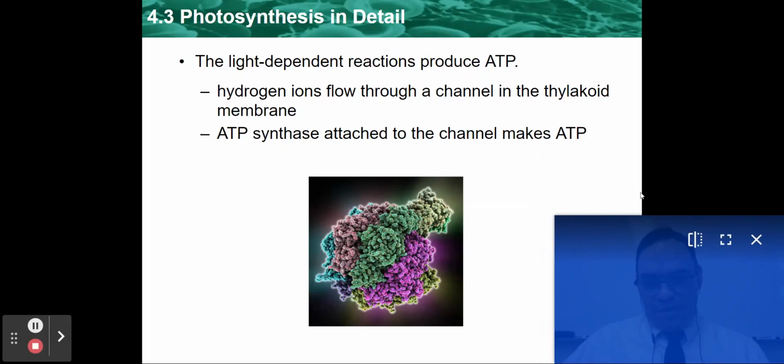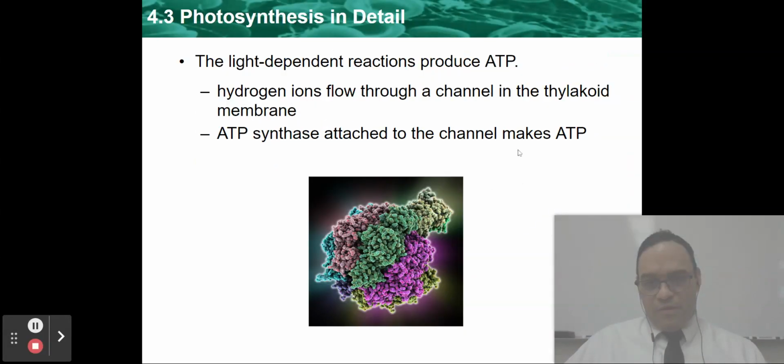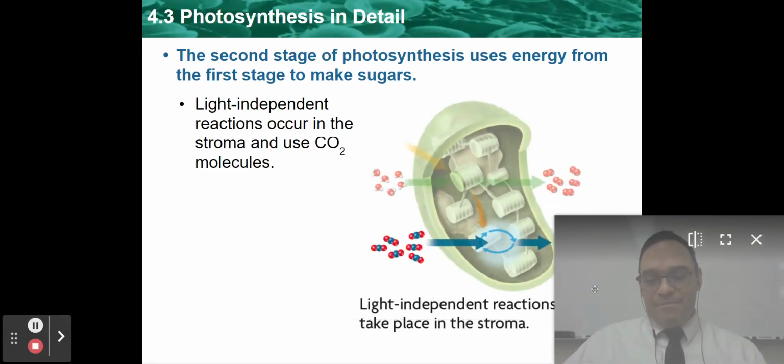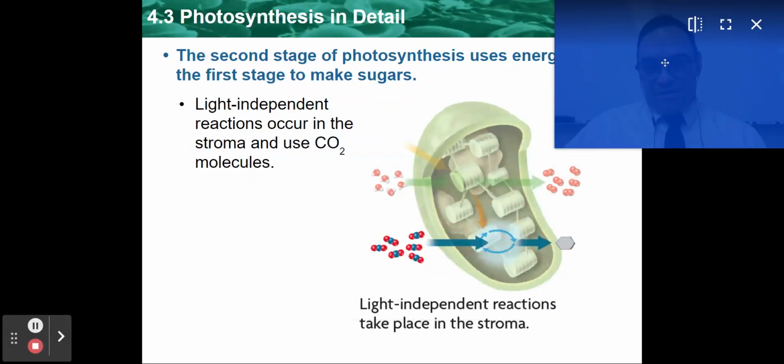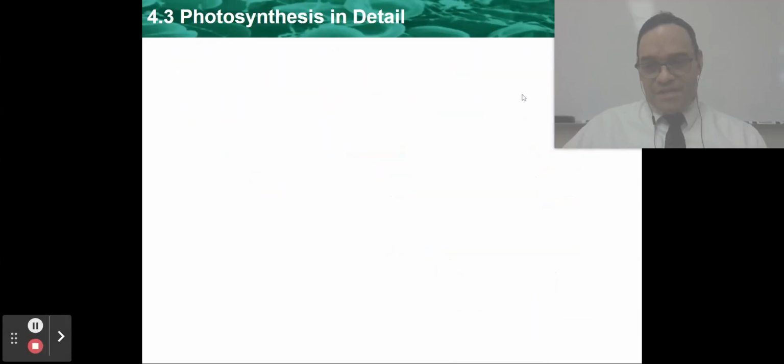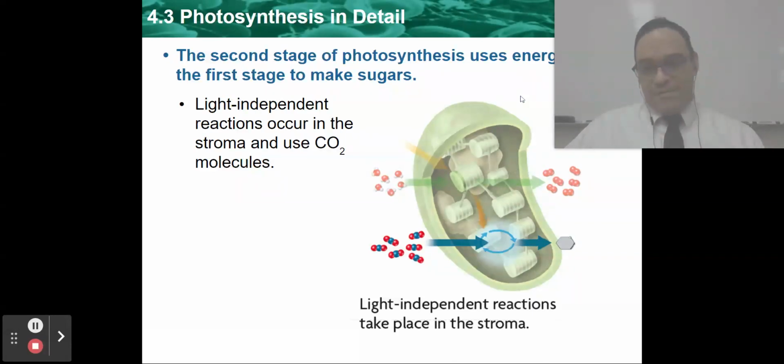So hydrogen ions flow through the thylakoid membrane using ATP synthase that makes ATP every time it comes through. The name tells you what it does, which is nice. So the second stage is the light independent reaction. They use carbon dioxide. That's the black ball with the two red balls.